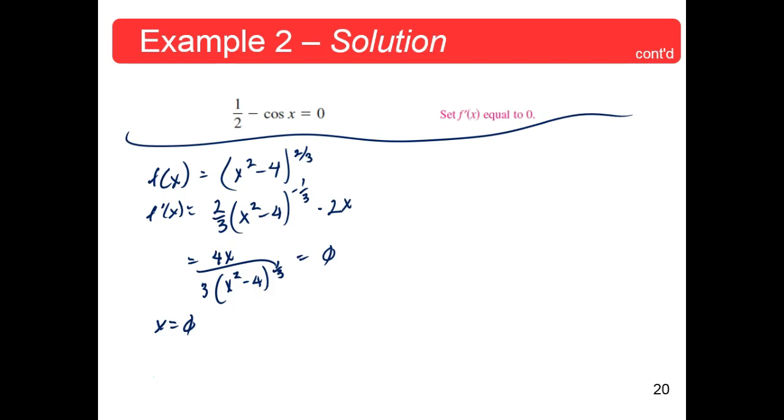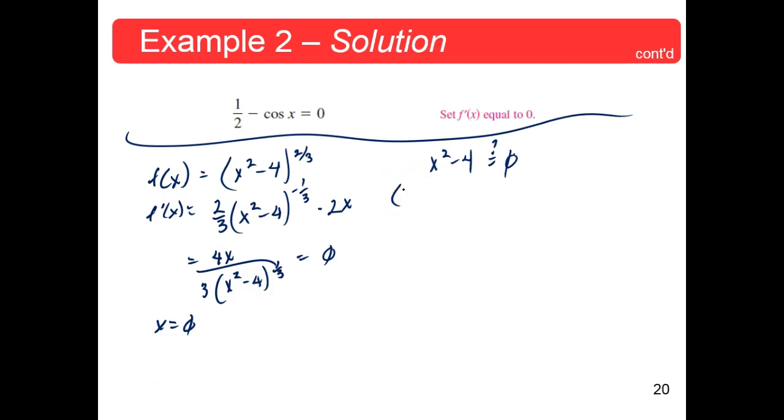Here's what I would do. And it doesn't matter about the 1/3 power. If it's a 0 in the parentheses, that's going to be 0. So what we're interested in is x squared minus 4. Is that ever equal to 0? Now, how could we solve that quadratic equation? How do we usually solve quadratic equations? Factor. Let's see if we can factor. Can we?